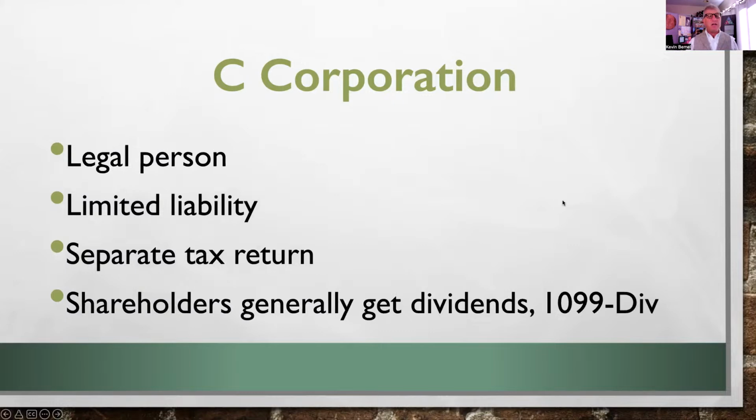Okay, last entity we're going to talk about is a C corporation. So I've used this term before. A C corporation is a legal person. So is an S corp. So is a partnership. So is an LLC. Although, well, I shouldn't say that C corporations were the original legal person; partnerships have been around longer than C corporations.